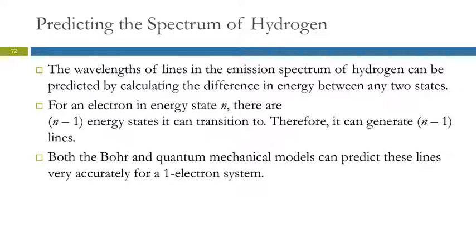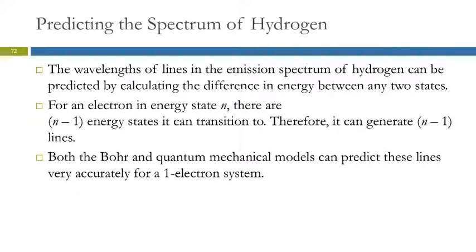We can predict the wavelengths of lines in the emission spectrum for hydrogen. We can calculate the difference in energy between any two states. So for an electron in energy state n, there are n-1 energy states it can transition to, so it can generate n-1 lines.